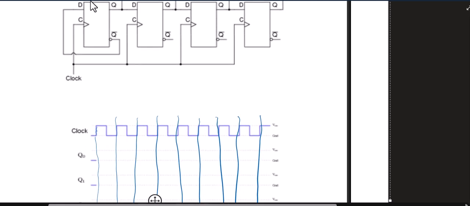That's what's going into the input, so it'll be 1. Now Q was 1, so that means Q bar is 0, so the next time it'll be 0. Well, now it's 0, so Q bar will be 1. That's our input, so it'll be 1. So it's just going to go back and forth like that.